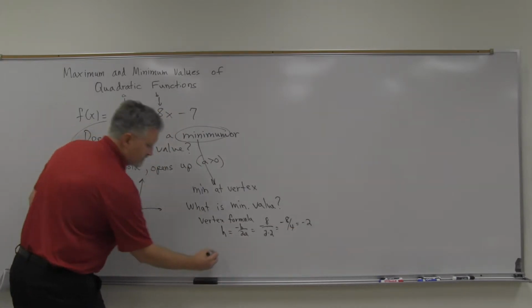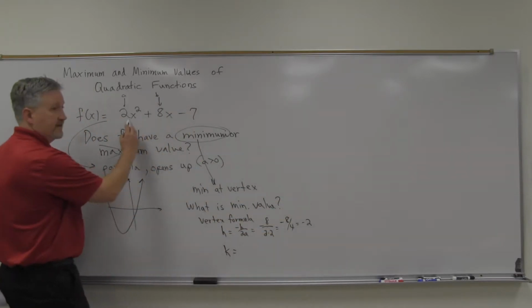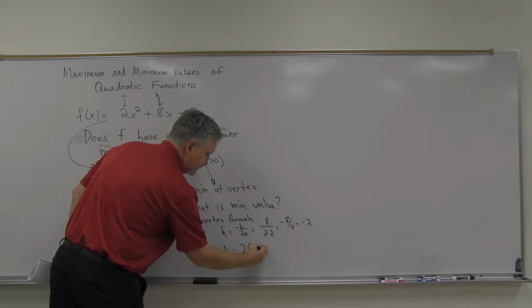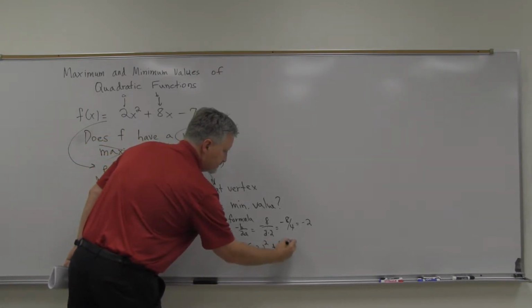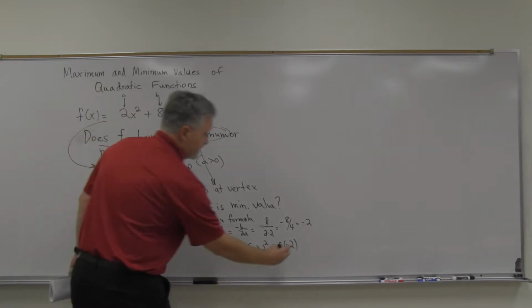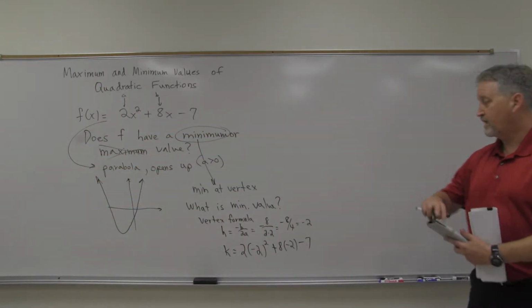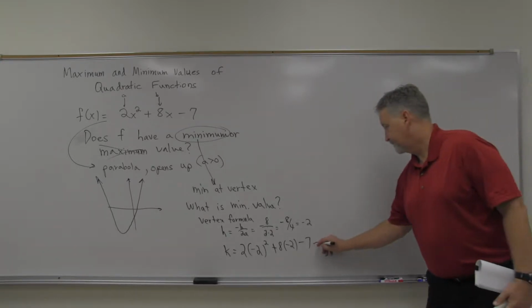That gives me the h of the vertex, and the k of the vertex is, plug that in for x. So it'll be 2 times negative 2 squared plus 8 times negative 2 minus 7. And if we can figure that value out, it's negative 15.